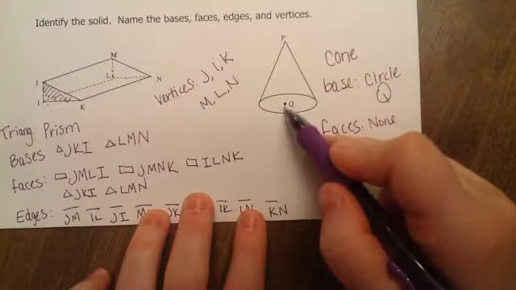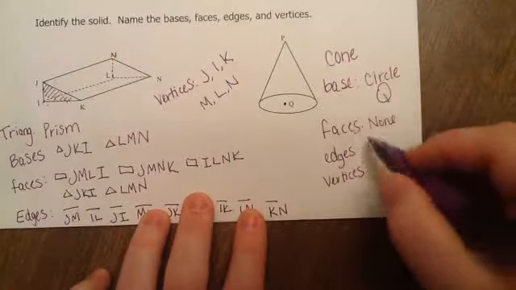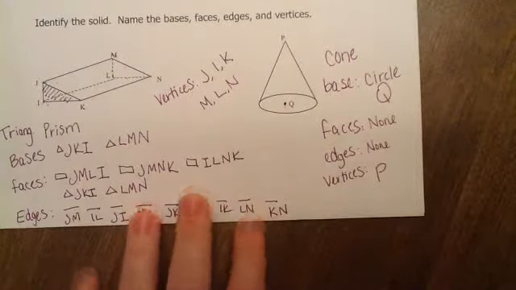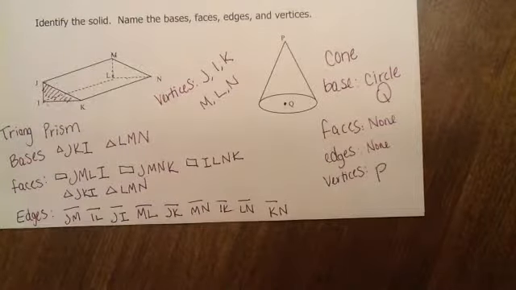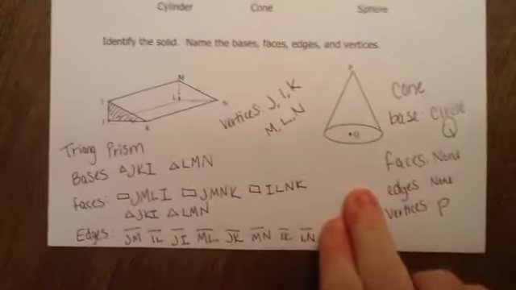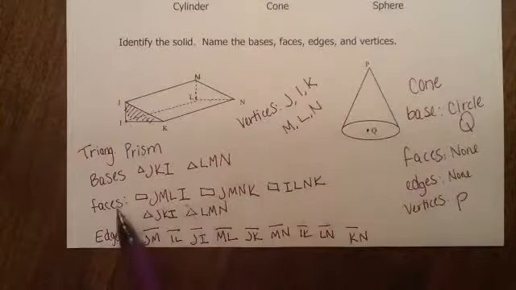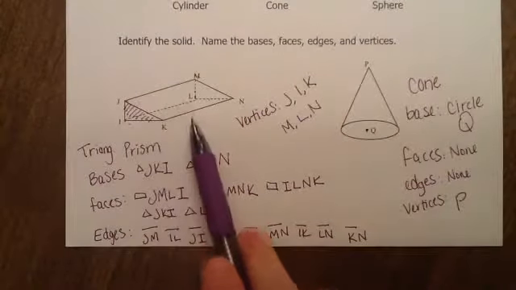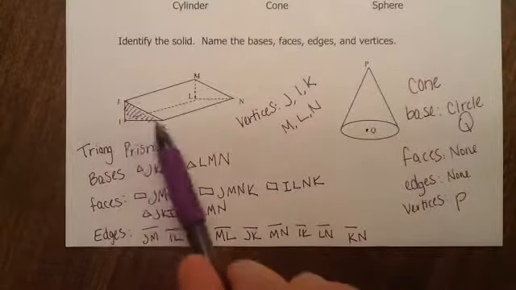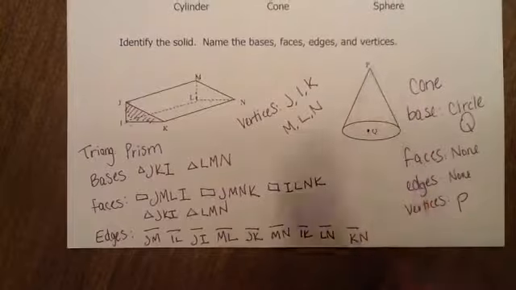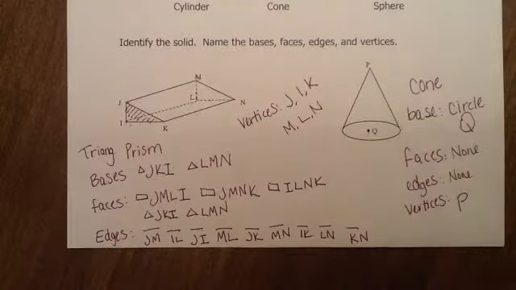Q is on the circle, so it's not a corner. So what else is there? Point P. So remember, bases name this figure. Faces are the rest of the sides. Edges are those line segments if there are any. And vertices are the corner points. Nice job today, mathematicians.